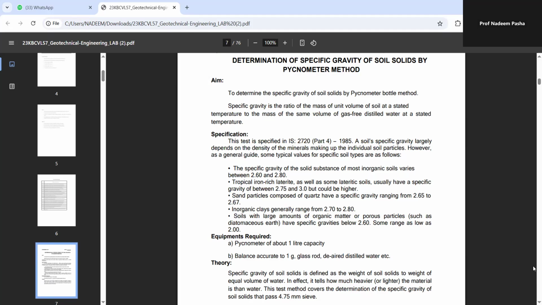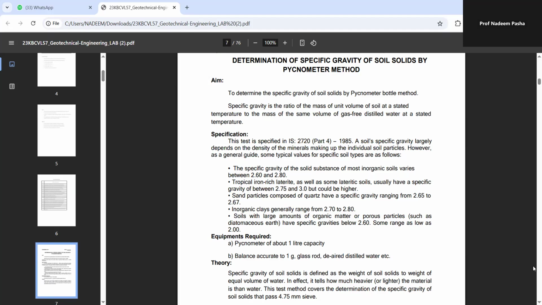Sand particles composed of quartz have a specific gravity from 2.65 to 2.67. Inorganic clay varies from 2.7 to 2.8. Soils with large amounts of organic matter or porous material have specific gravity even below 2.6. Some range as low as 2. It is a type of viva question, specific gravity of standard soils.